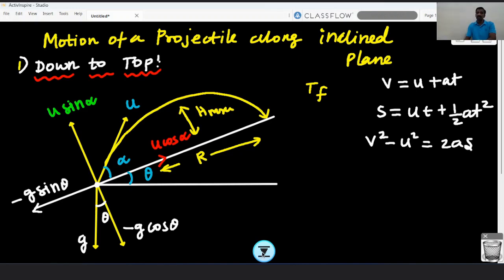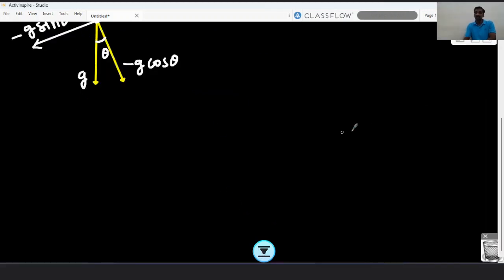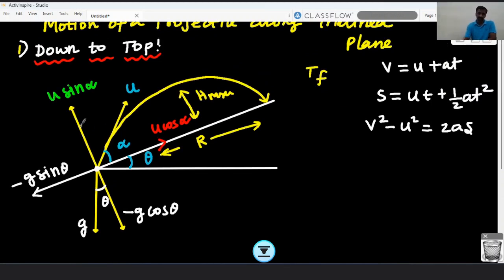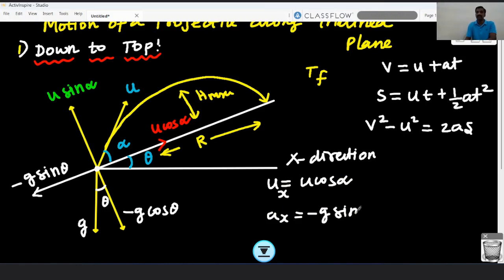Got it? Now, first we are going to divide the question into two parts. First, the velocity components, both horizontal as well as vertical. Along the x direction the velocity is ux equal to u cos alpha, and the acceleration ax equal to minus g sin theta.